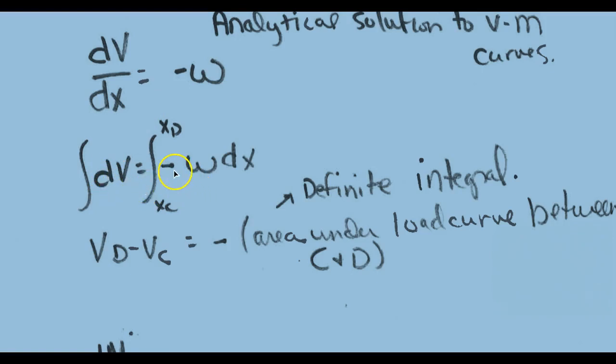Separate dV equals negative W dx, and then integrate both sides. Now we have to be talking about a definite integral, and what we find when we perform this integration then is that the value of shear at one point, at point D, the terminal point in this case, minus the value of shear at the beginning point, is equal to the negative of the area under that load curve between C and D.